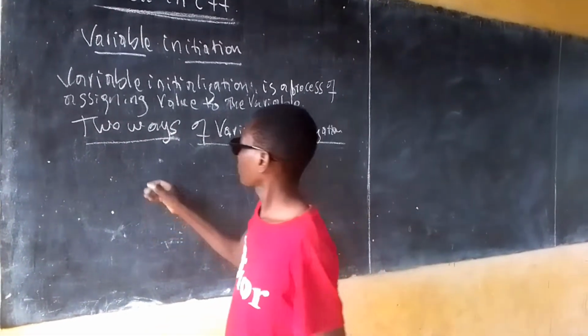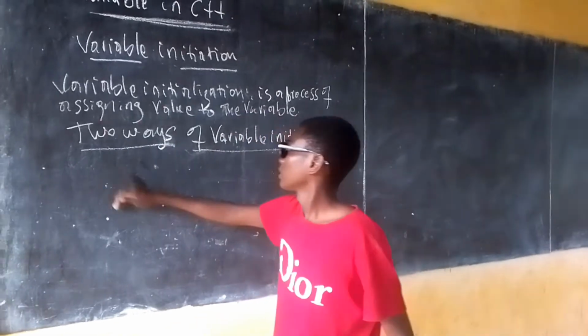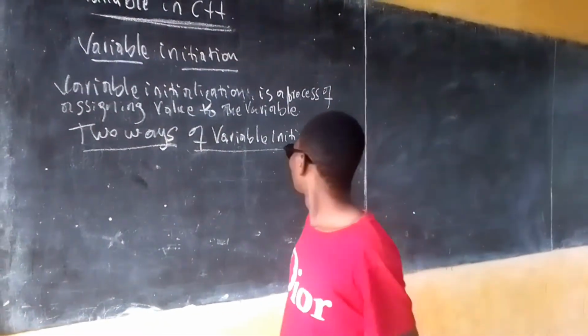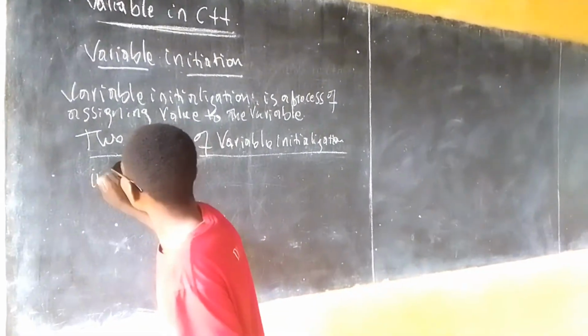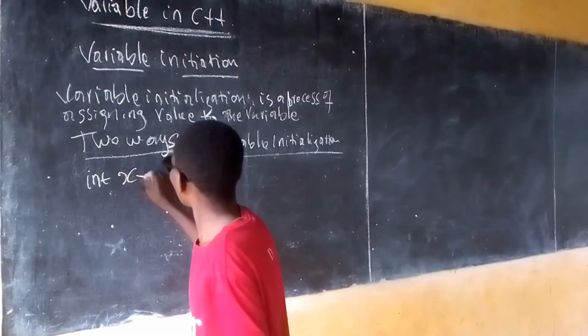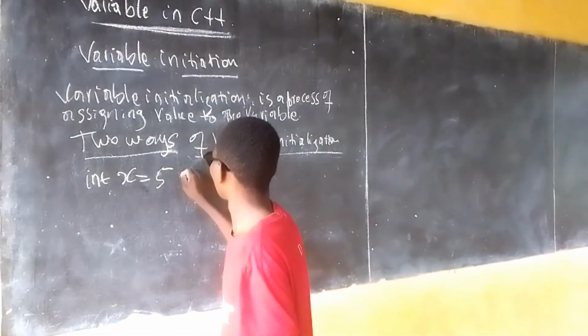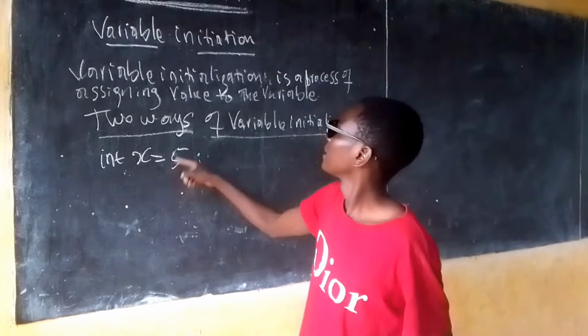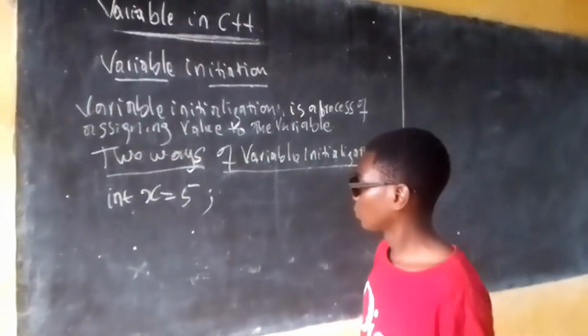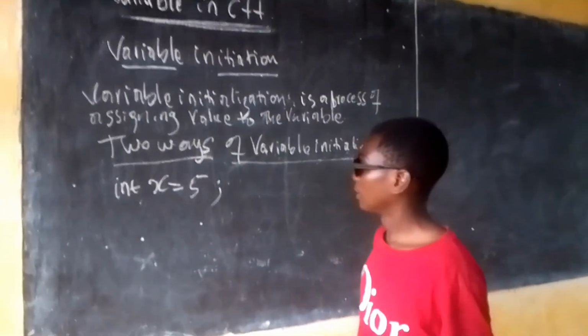You can make variable creation and initialization at the same time, like int x = 5. You see, variable creation and assigning a value to that variable happen at the same time.